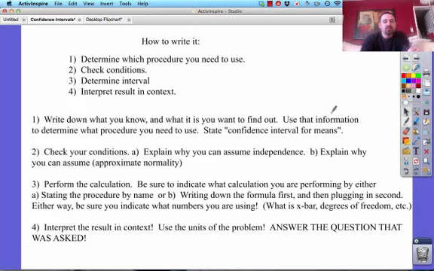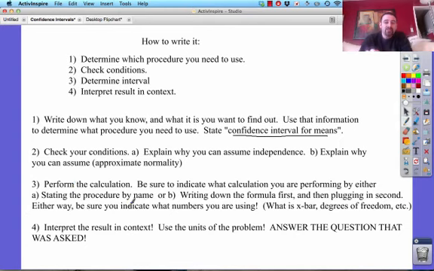So here's breaking these down again, right? First thing, say that we're doing a confidence interval for means if that's our situation. Check your conditions. Explain, do we have a simple random sample? That's what it says. Why can you assume independence? Because we have a simple random sample. Why can you assume approximate normality? Okay? Perform a calculation. Do the math.